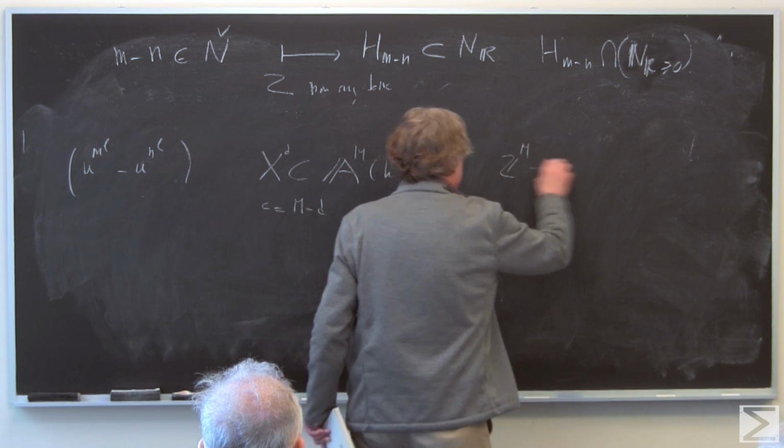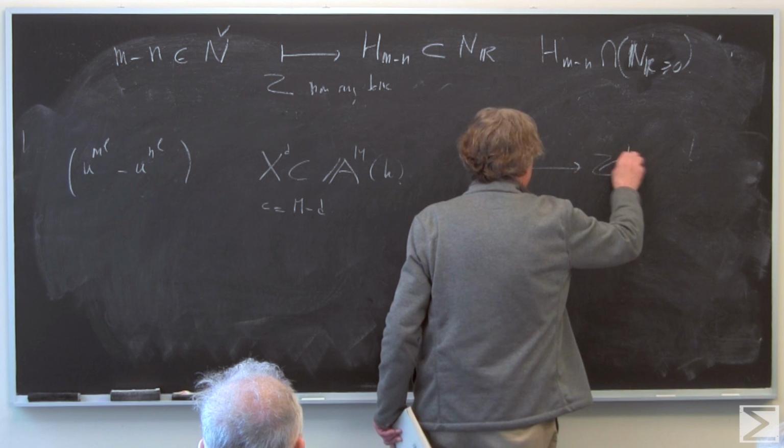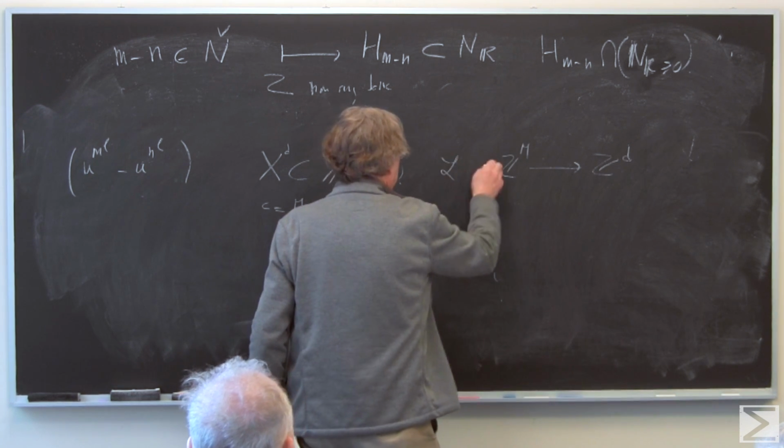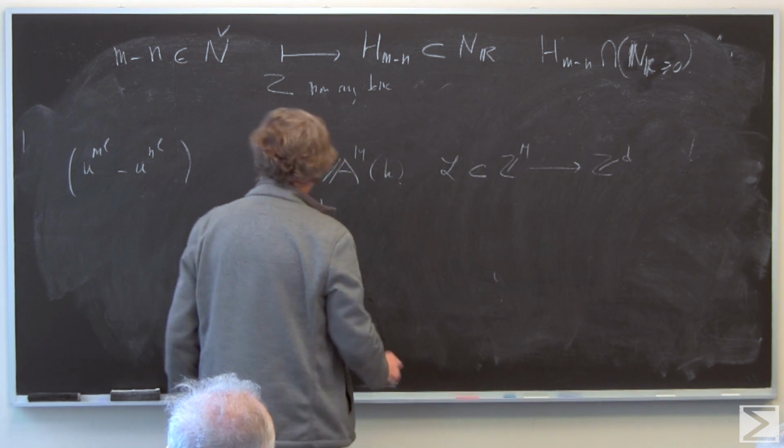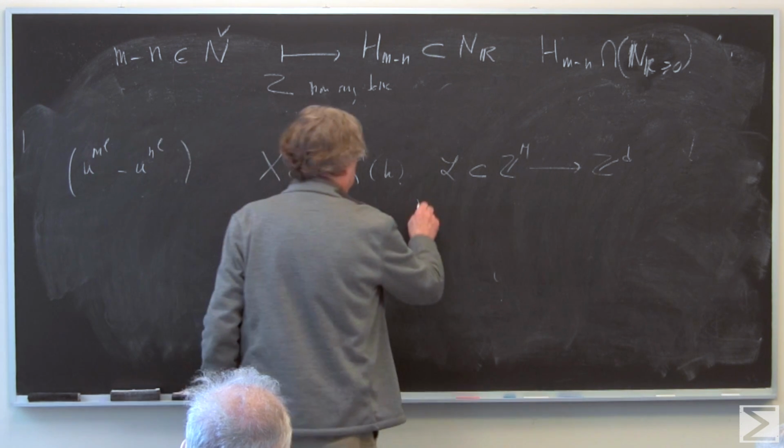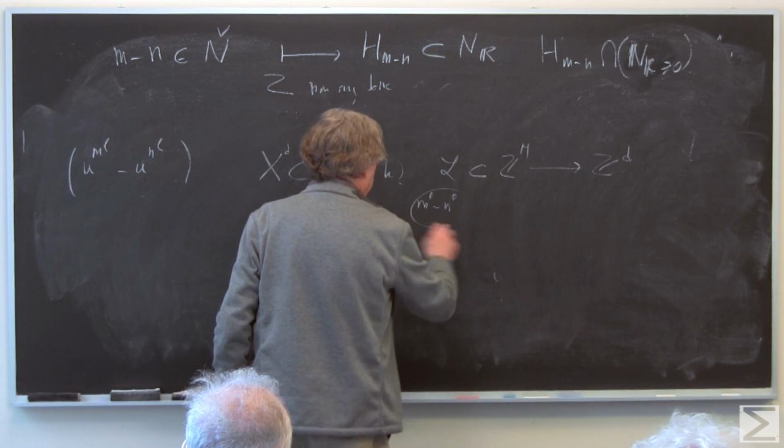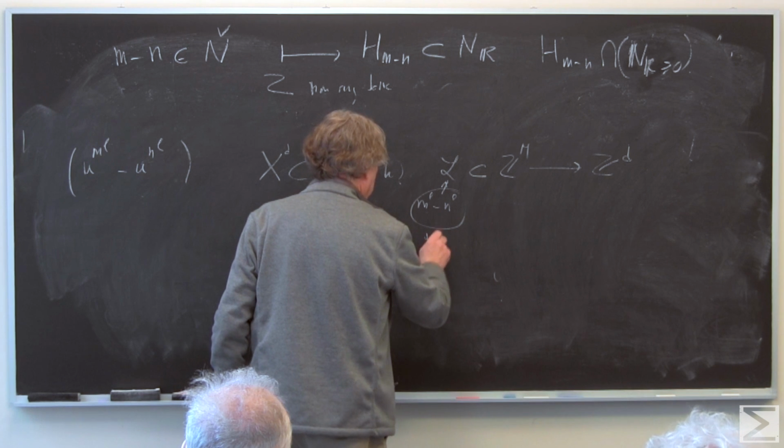situation of Z^m goes to Z^d, and the kernel is a lattice, and the binomials here, the vectors m_l minus n_l, generate the lattice.